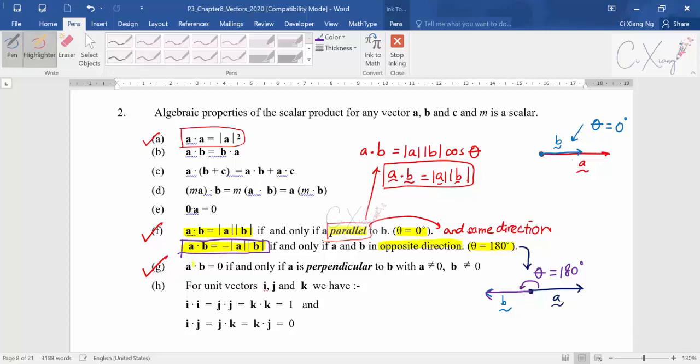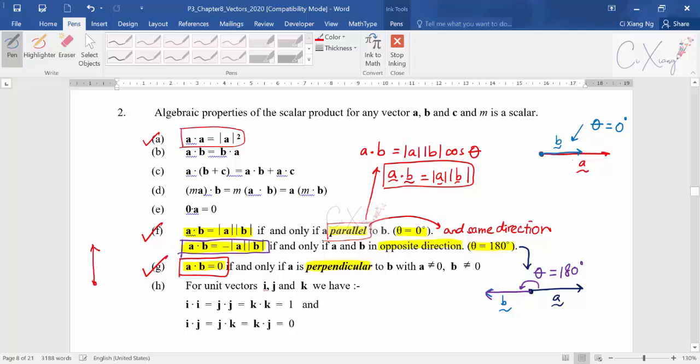And the third one will be A dot B equals 0 when A is perpendicular to B. Again, this is a very important formula that we often use. So in the question, when you see the word perpendicular for both vectors, then you can use this result, which is A dot B equals 0. Alright, so I think it is very obvious already.